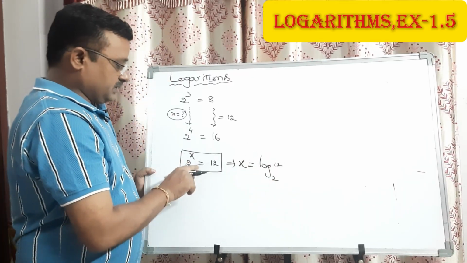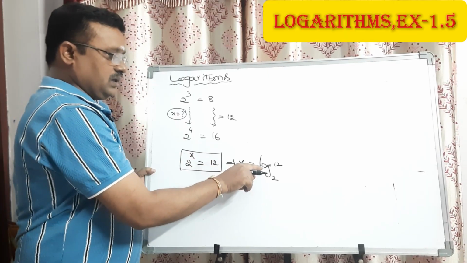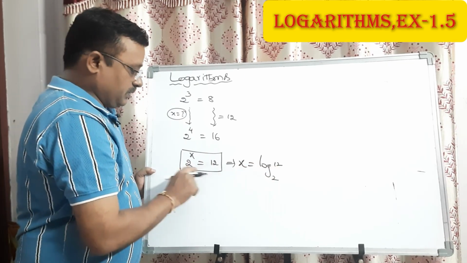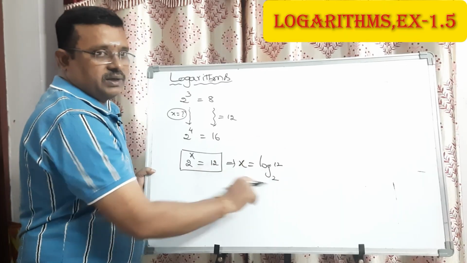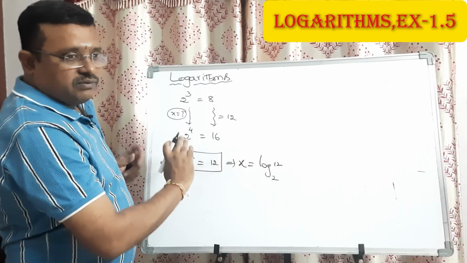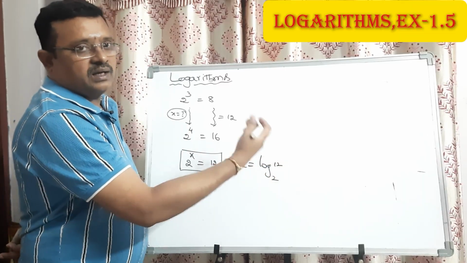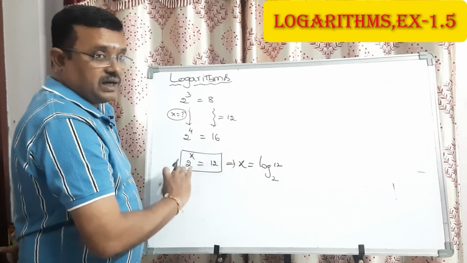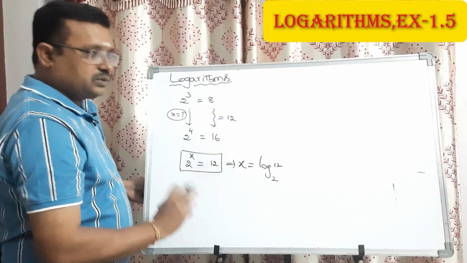So if 2 power x equal to 12, then x is equal to log 12 to the base 2. So the inverse process of exponential form is logarithmic form, and the inverse process of logarithmic form is exponential form. Both are inverse to each other. So this is the general example.